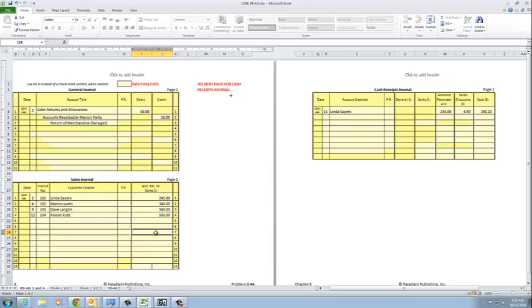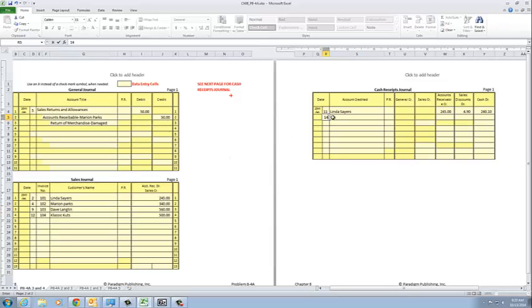On the 14th, we received a check from Marion Parks for the balance due on her account. Let's see what we've got going on for Parks. She owed us $340. She returned $50, so she owes us $290. However, let's see if she's entitled to the discount. Her original sale was on January the 4th, and she's paying us on January 14th, so she is entitled to the 2% discount.